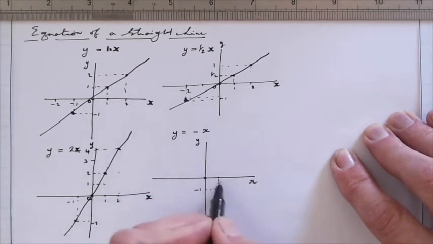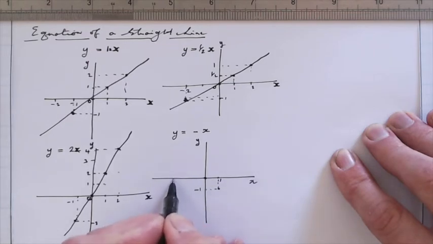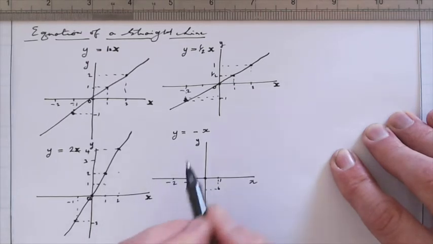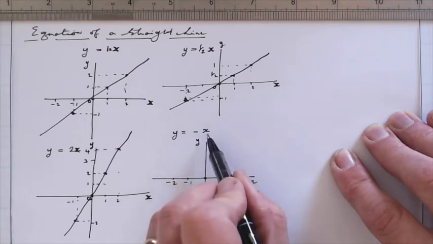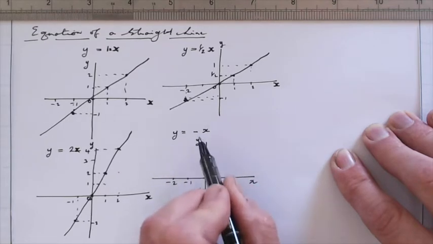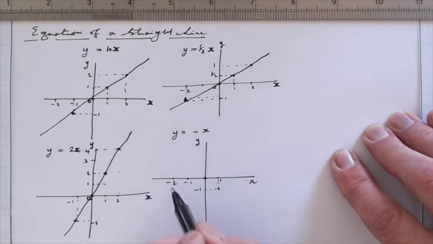If x is, say, -2, we're told that y is -1 times -2. So if x is -2, let me just kind of do that down here. We're told that y is the negative of -2.